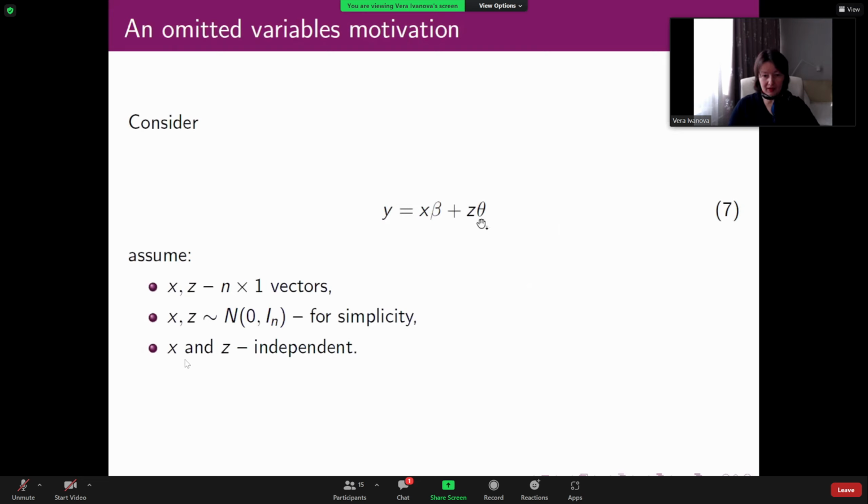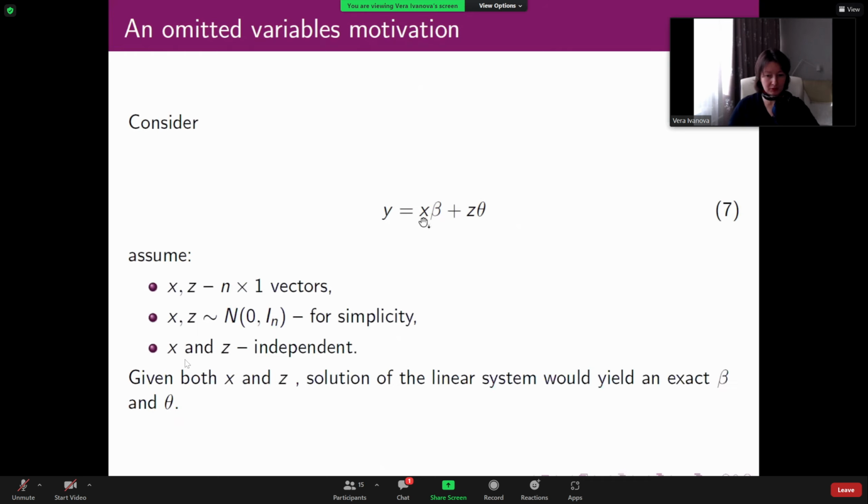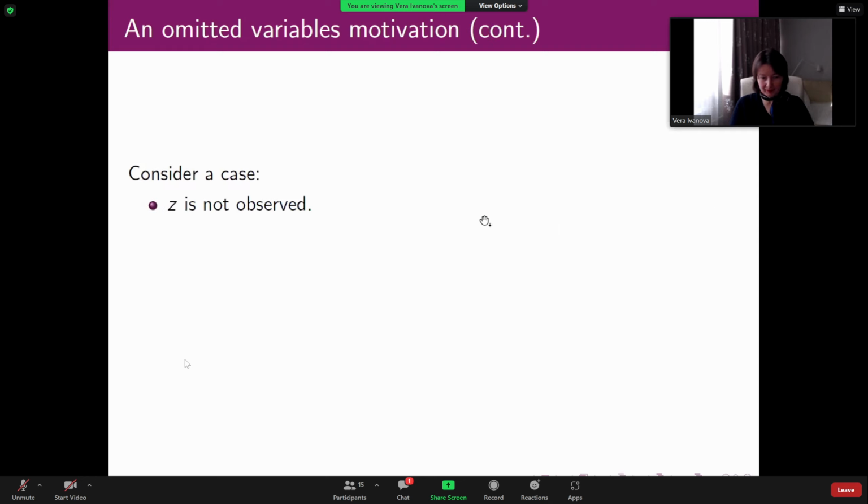Assume that x and z are independent, and assume that we observe x and do not observe z. If we have both x and z, then we can easily compute beta and theta. But life is tough. Z is not observed. That is the omitted variable.